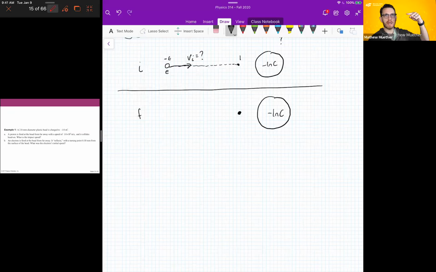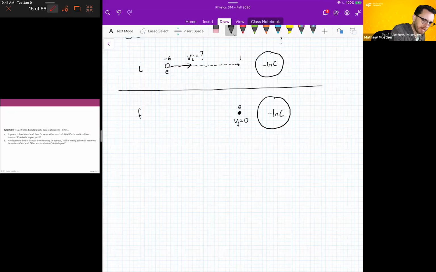So that means its velocity goes from pointing towards the -1 nanocoulomb charge to pointing away from it sometime later. So right at that turning point, the velocity has to turn from positive to negative or negative to positive, and that means it has to go through 0. So we know that the electron has a final velocity of 0 right here.